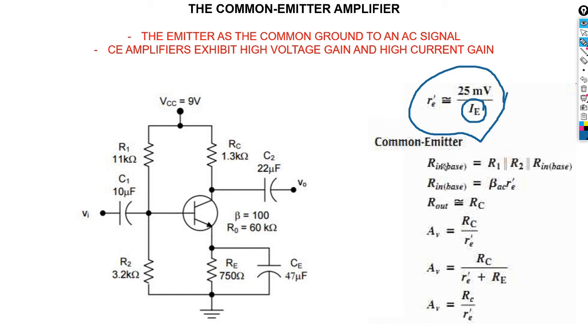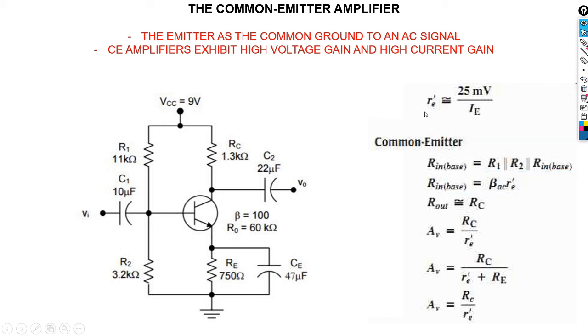Once you get it, now you calculate your R in base total, and then your R in base. How to calculate your R in base is going to be beta AC times that. Then you substitute the value there. Your R out is close to RC. This other part I will explain as we go along. So basically, those are the small calculations that you have to do, but you need to understand them as well. Why are we doing this?